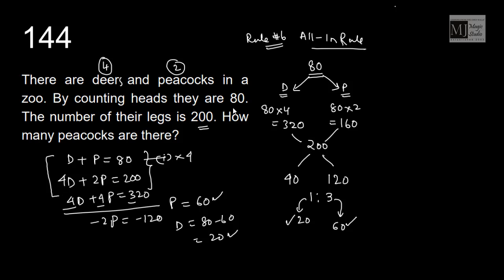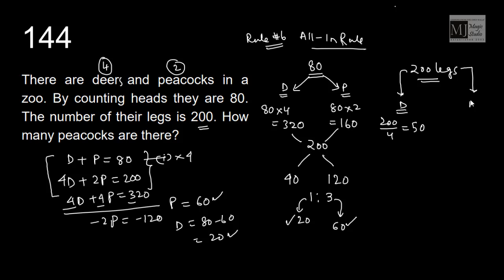We can also solve this with help of number of legs. Suppose I start with number of legs. There are 200 legs. If all legs belong to deer, then there should be 200 by 4, that is 50 deers.